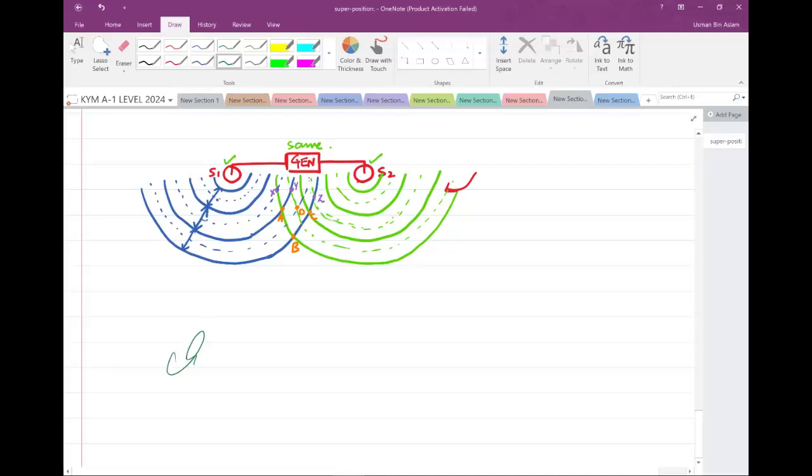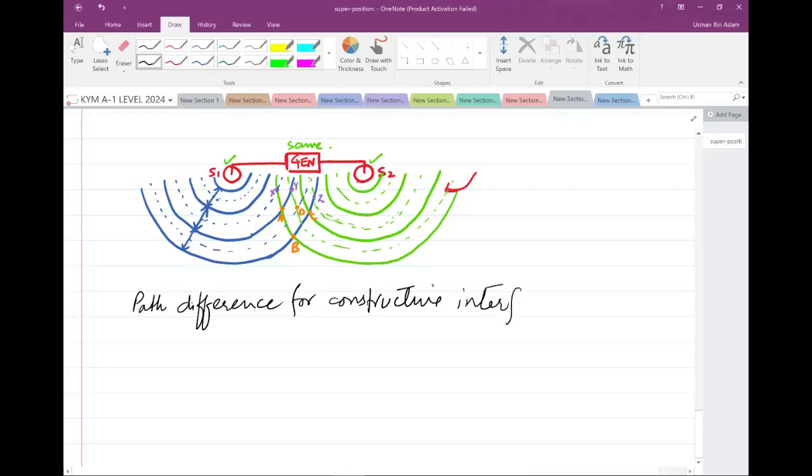All right. Now I am going to show you the path difference between points A, B, C, and D. Path difference for constructive interference points.